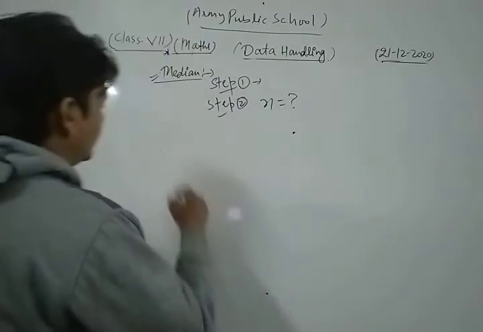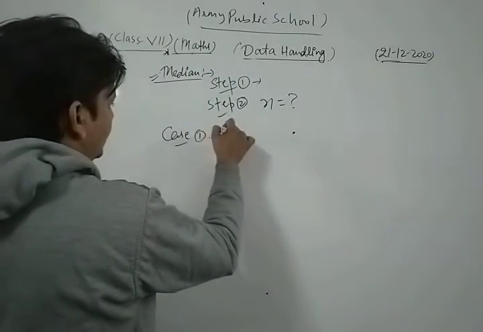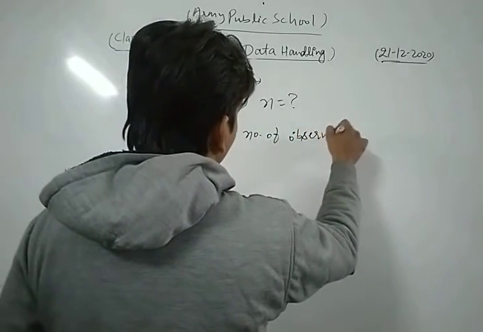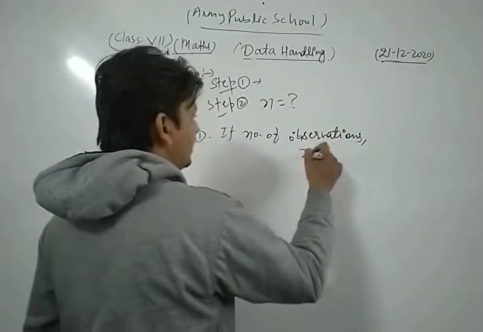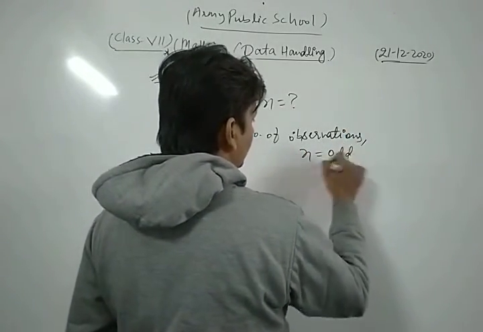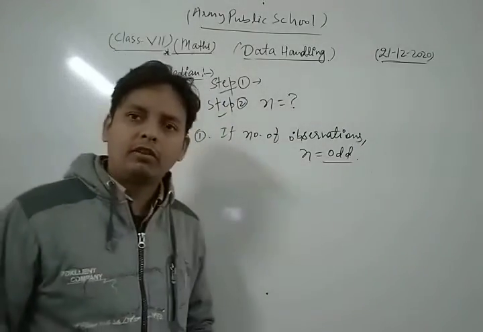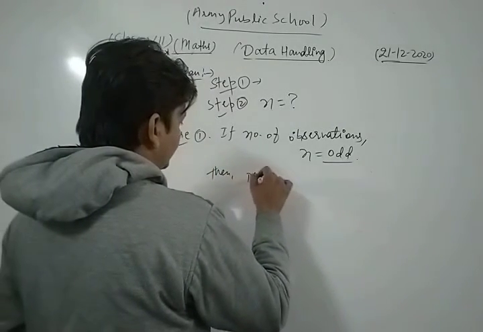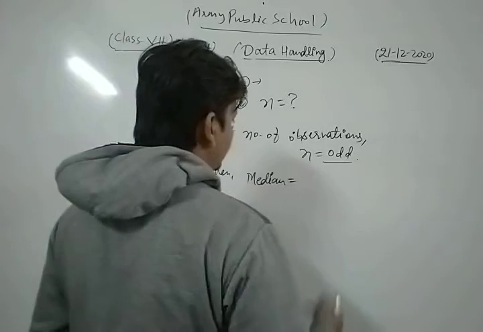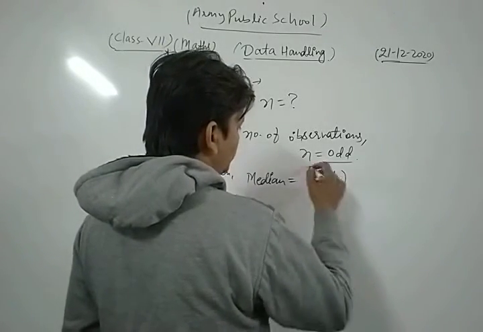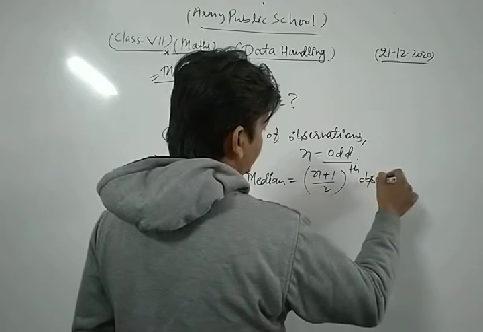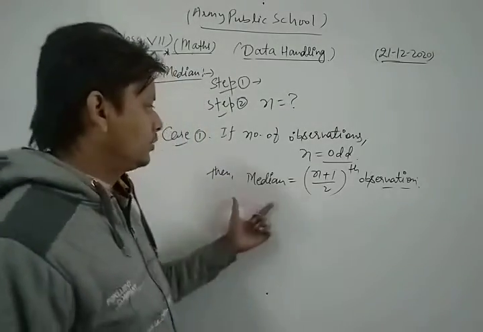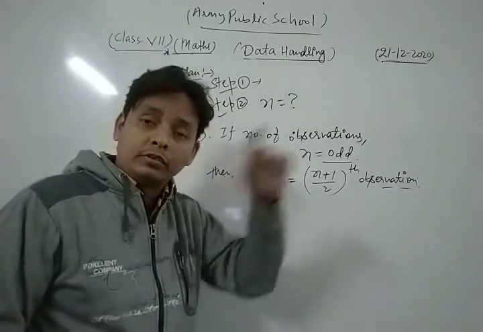In case first, if the number of observations n is odd, then the median will be the (n plus 1) upon 2-th observation.